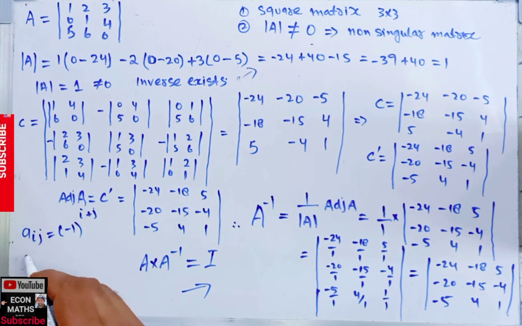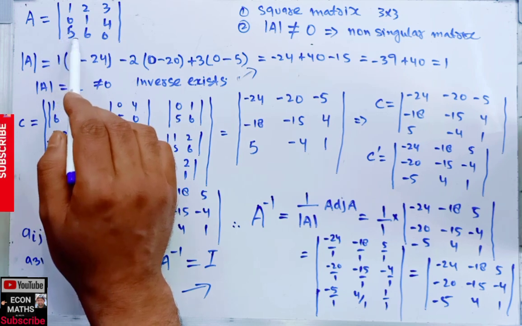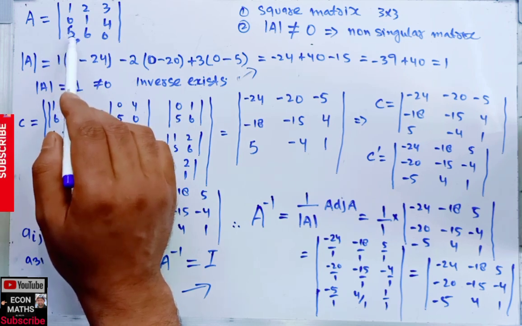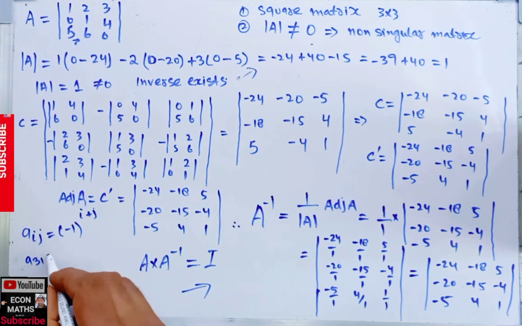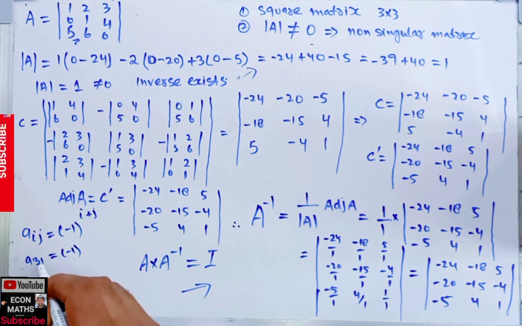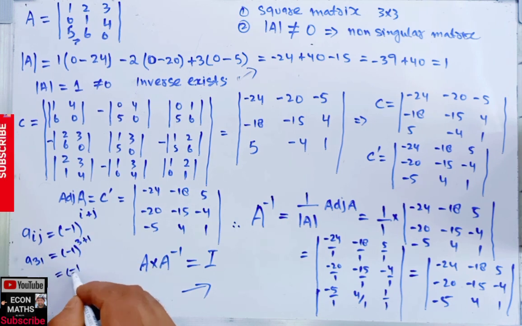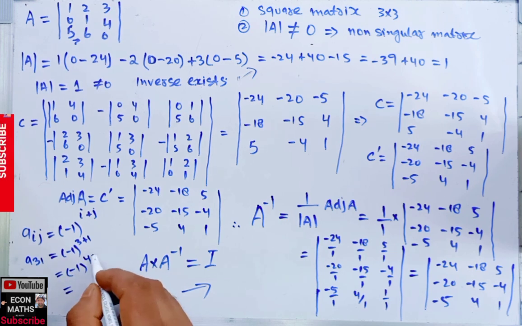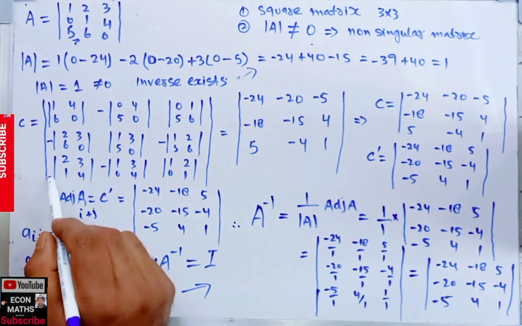Now if I have A31, here A31 is this element, third row and first column. The sign of this element is given by minus 1 raised to 3 plus 1, that is minus 1 raised to the power 4. Since it is even, minus 1 raised to an even power gives us 1. That is, here the sign is positive.